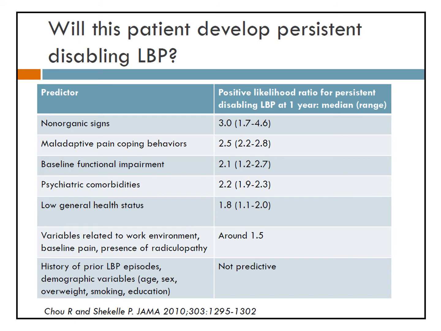And so in this particular study, they looked at what factors have the highest likelihood in predicting which individuals are going to develop persistent, chronic, disabling low back pain. And they found out that 3 of the 4 top predictors are nonorganic signs, maladaptive pain coping behaviors, and psychiatric comorbidities.